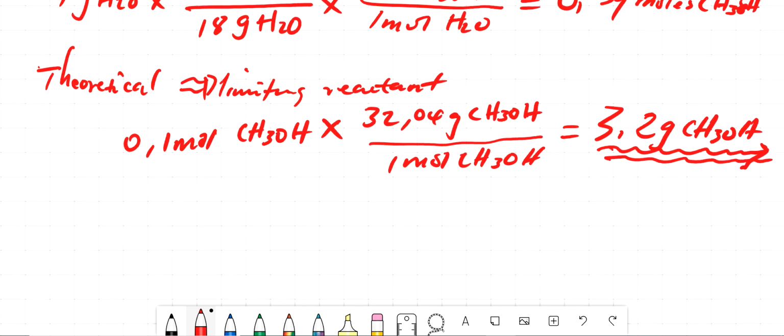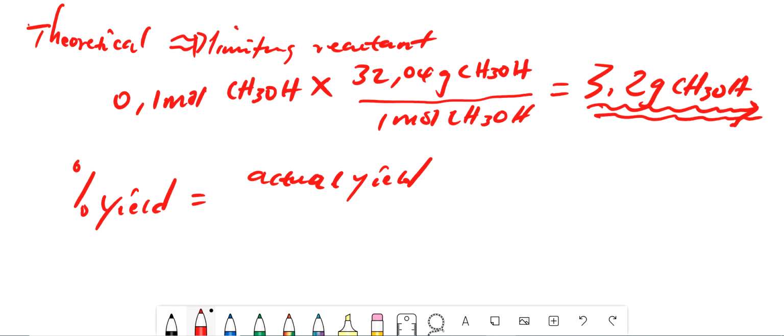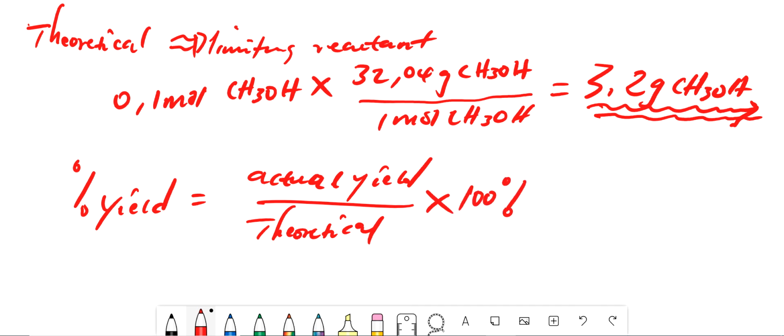The formula for calculating percentage yield, which is the last step, is: percentage yield equals actual yield, or experimental yield, divided by theoretical yield, multiplied by 100%.